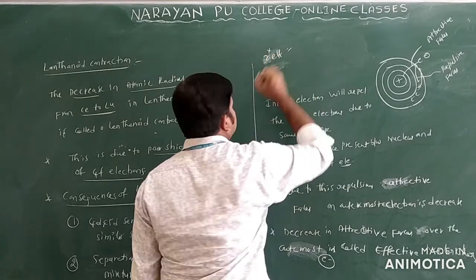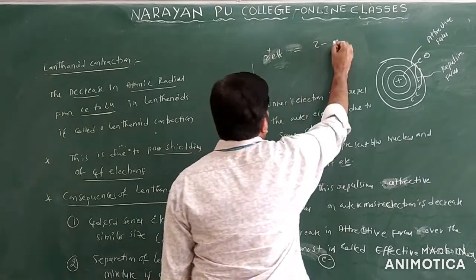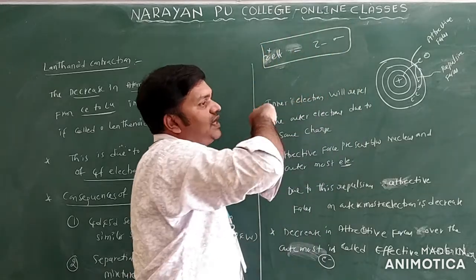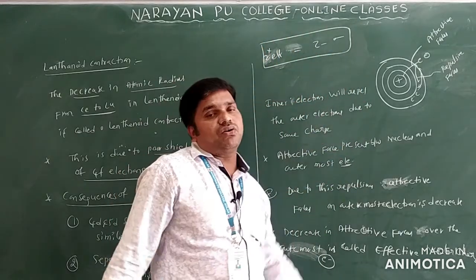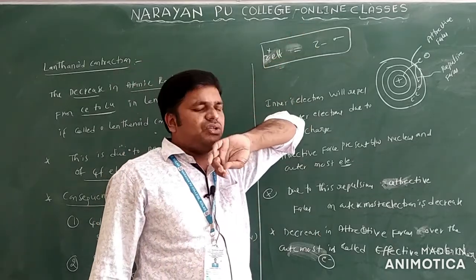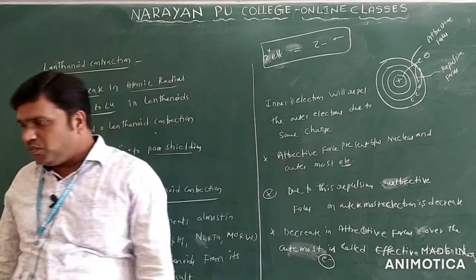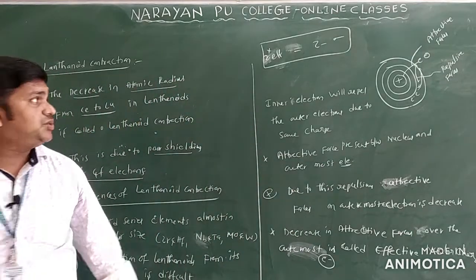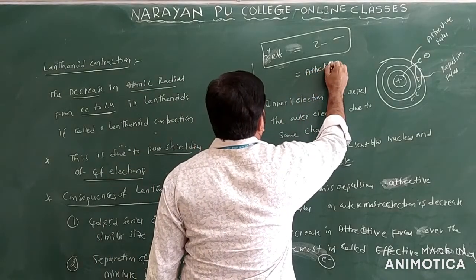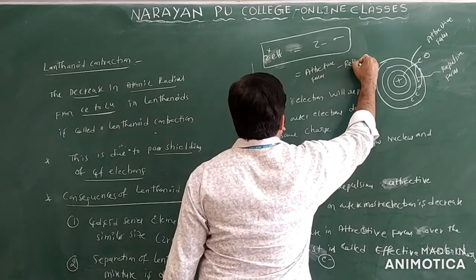Effective nuclear charge Z star is equal to Z minus sigma. Here Z is the nuclear charge, and sigma is called the screening constant. You can also write one formula: effective nuclear charge is equal to attractive forces minus repulsive forces.